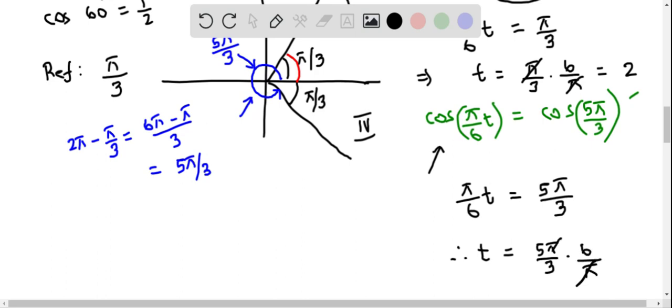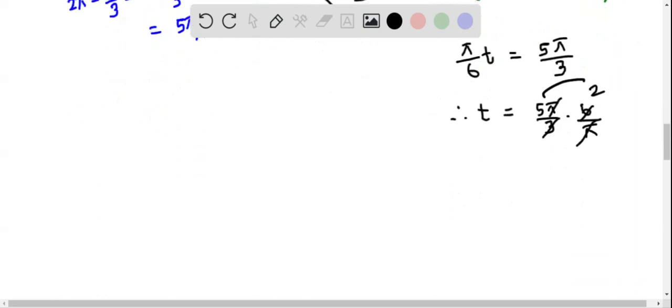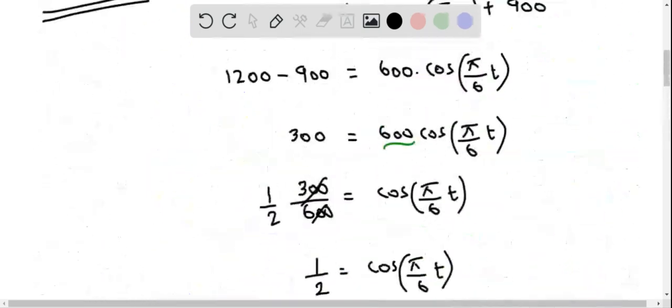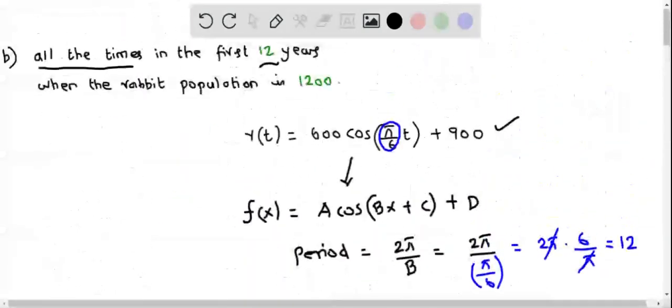And so we now get these two pi's cancelled, and 6 goes into 3 as 2 times. We then have 5 times 2, which is 10. So we get another value of t, which is 10. So therefore the two values of t are t equal to 2 as well as t equal to 10. For these two values of t, the population of the rabbits equals 1200.